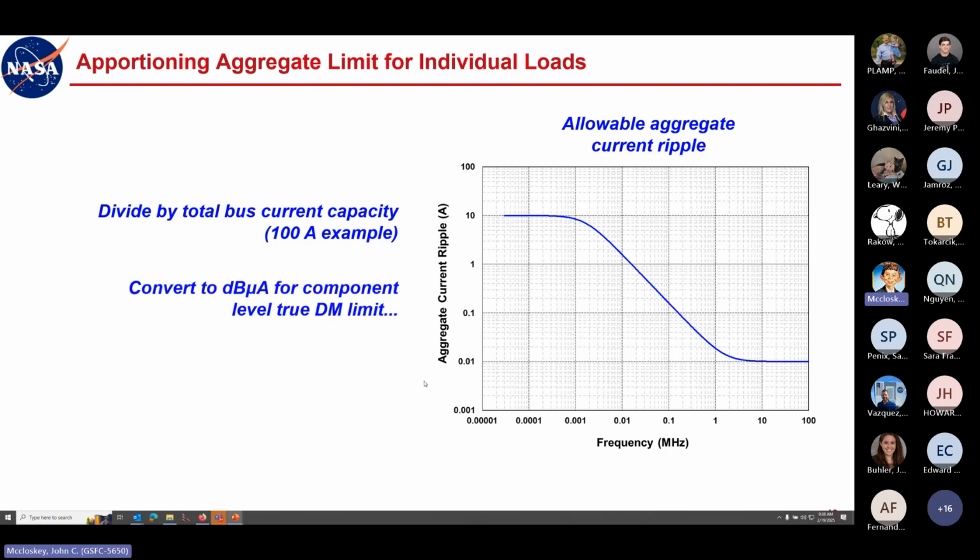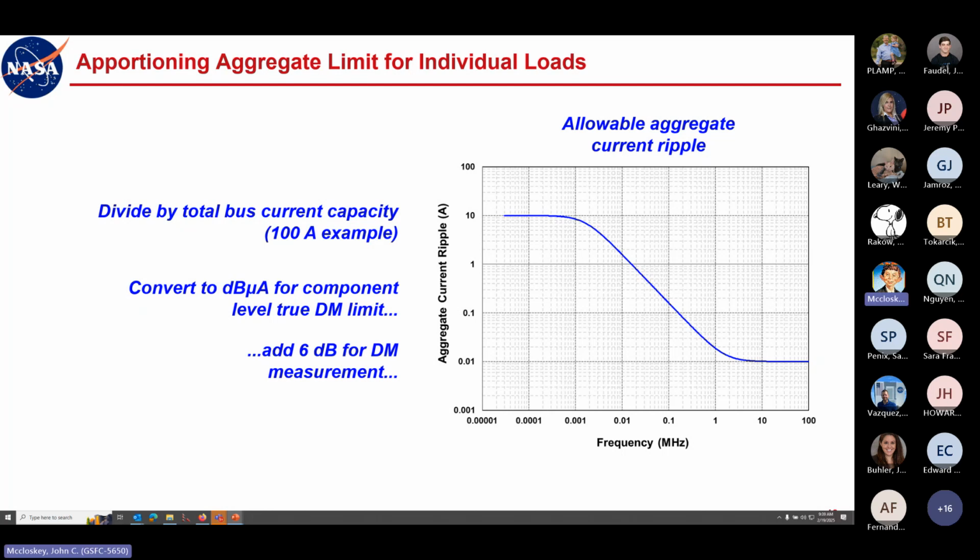Then we convert it to dB microamps for a component level true differential mode limit per ampere. But remember that when you make a differential mode measurement, the current is passing through the probe twice. So what you'll actually measure is 6 dB higher than the true differential mode current. So we'll add 6 dB to that whole curve.